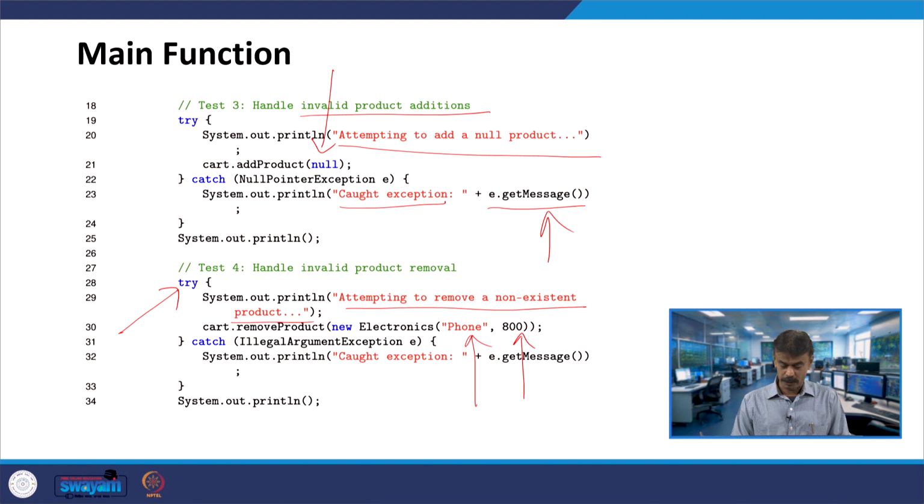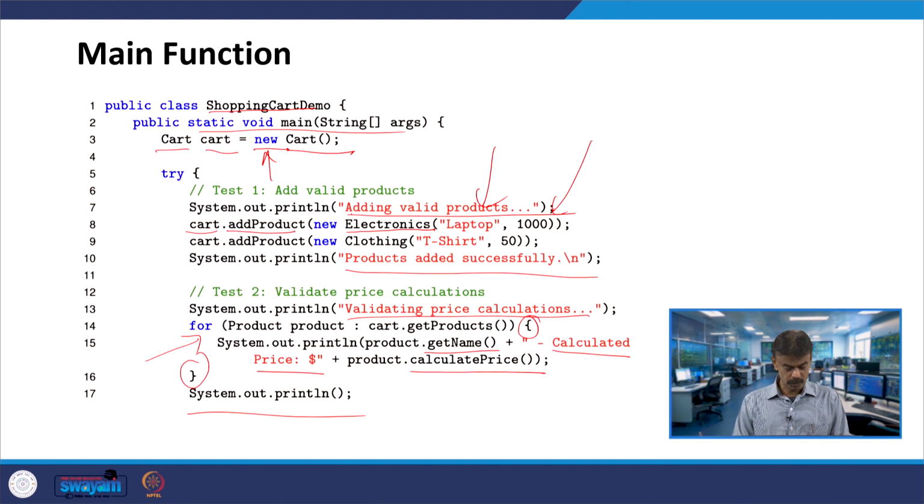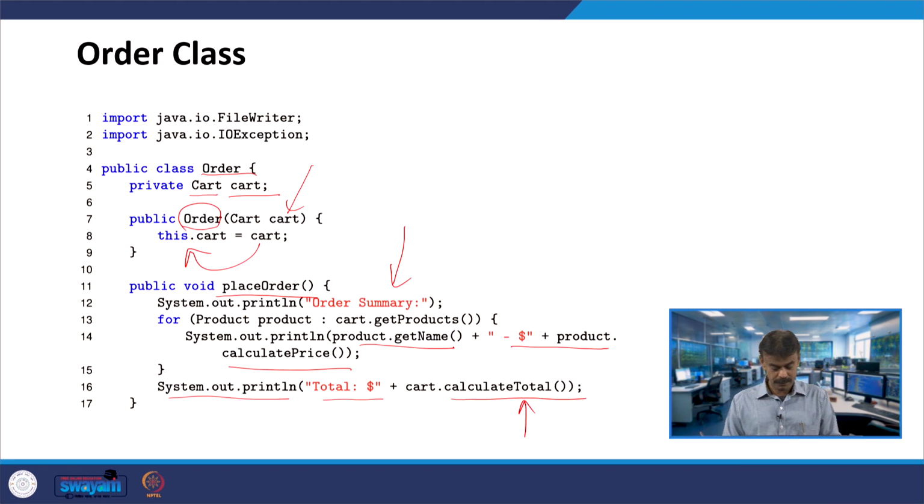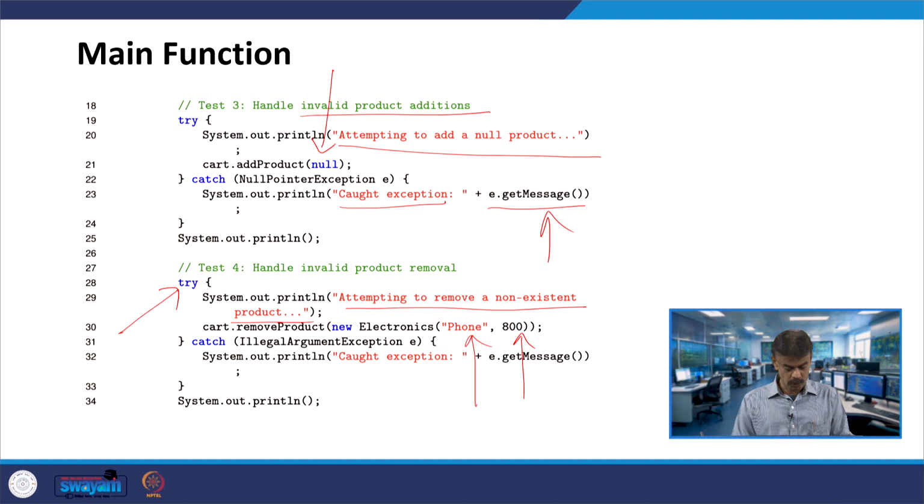Under cart, in removeProduct, products.remove is called; if it returns false, you cannot remove that product because it is not there in the cart. So not false becomes true, and an IllegalArgumentException, "Product not found in the cart", will be thrown and printed for test 3. It will be caught here and that particular message will be printed.